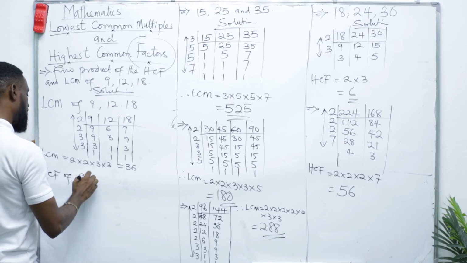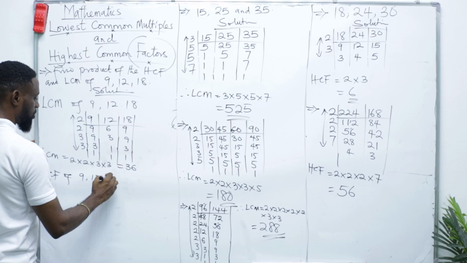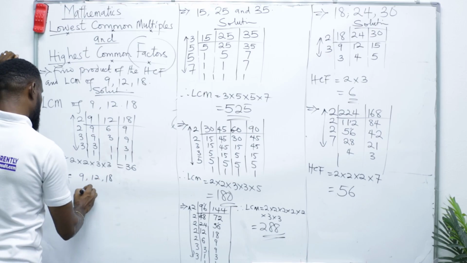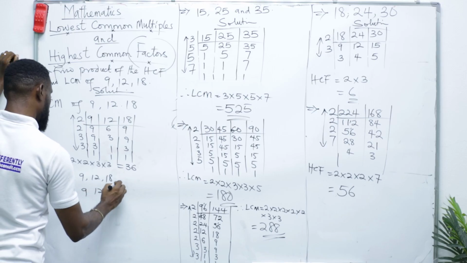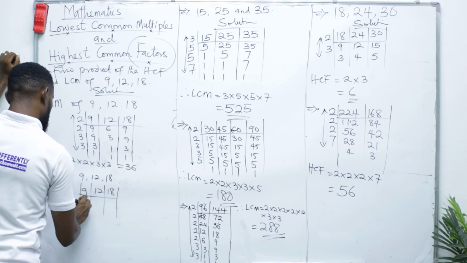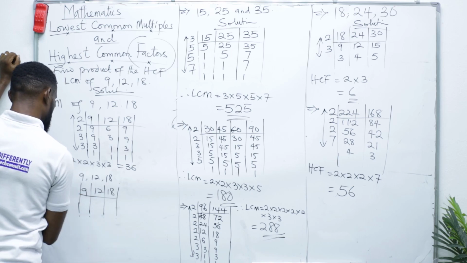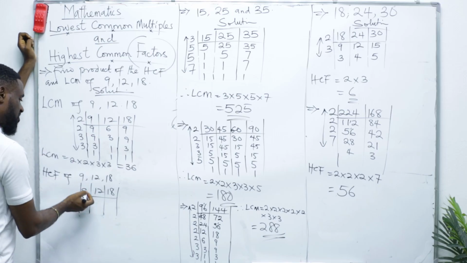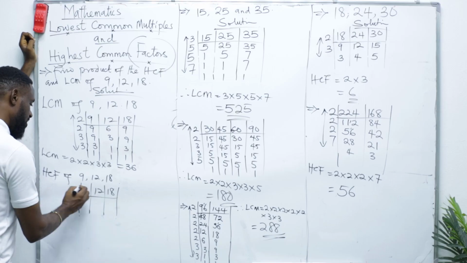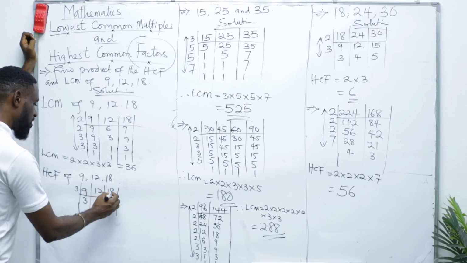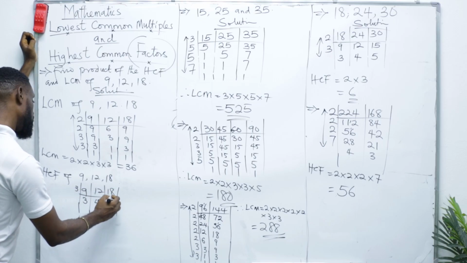Then for the HCF of 9, 12, 18, right? So we have 9, we have 12, we have 18. Here, the common factor that we use is 3. 3 is common here, here, and here. So 3 into 9 is 3, 3 into 12 is 4, 3 into 18 is 6.